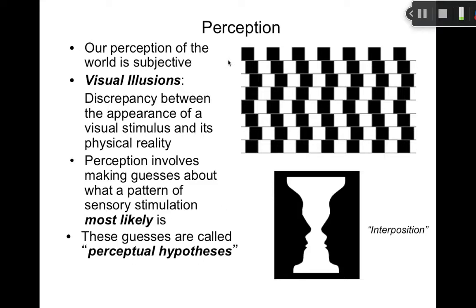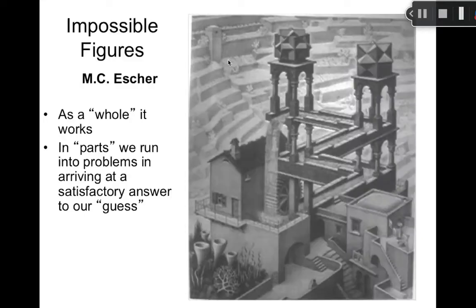All right, so I want to illustrate how we're making guesses, and sometimes how our guesses can go wrong and can get kind of frustrating at times when we're trying to decide what's out there, but we can't really come to a satisfactory conclusion. So take a look at this image. This is one of the images produced by M.C. Escher, the famous artist.